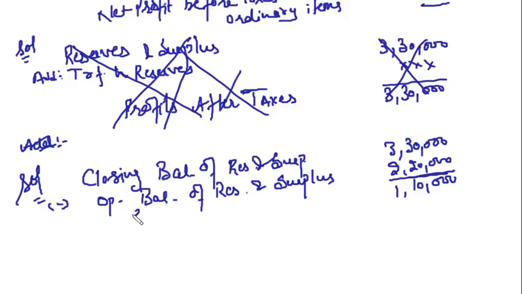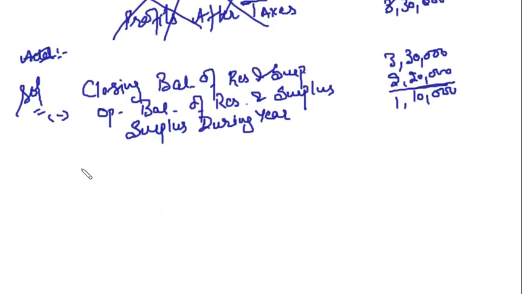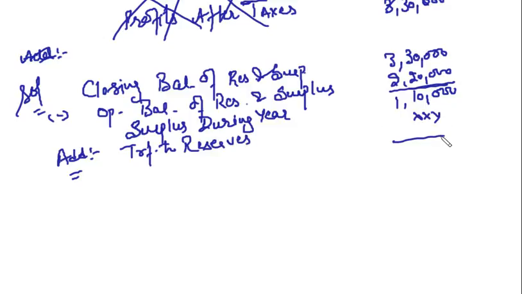This is the surplus during the year. Now in this, I will add back any transfer to reserves. Do you have any transfer to reserves? No. So what is your profit after taxes? This comes to 1,10,000.